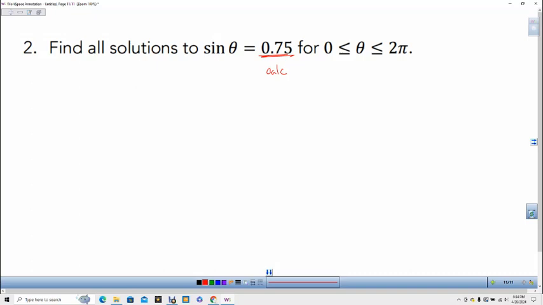So you've got to find what angle is going to give us a sine value of 0.75. So what that means is we're going to take the inverse sine of both sides. You're going to have to do that with your calculator.